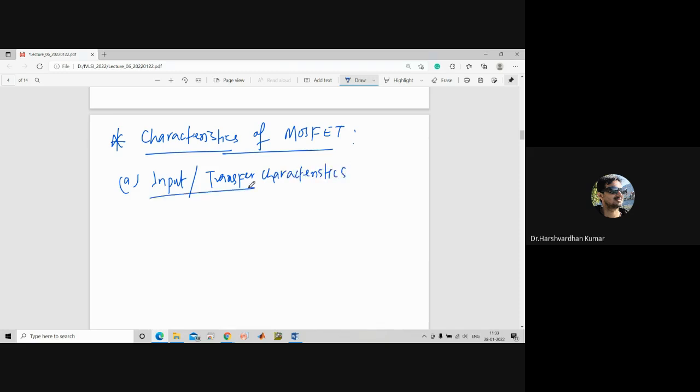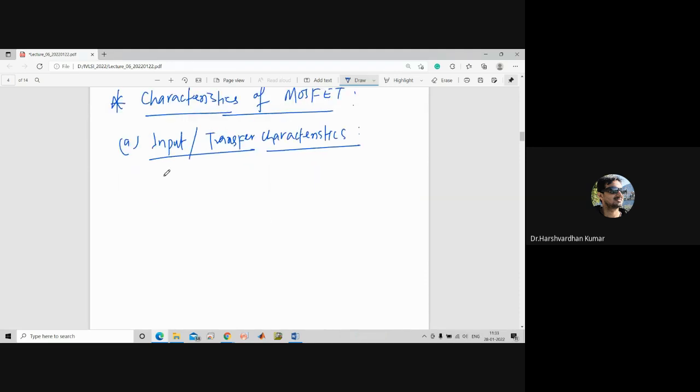In transfer characteristics, we draw the characteristic of drain current versus VGS. So what is VGS? Gate to source voltage. Good. Now second, that is output characteristics.